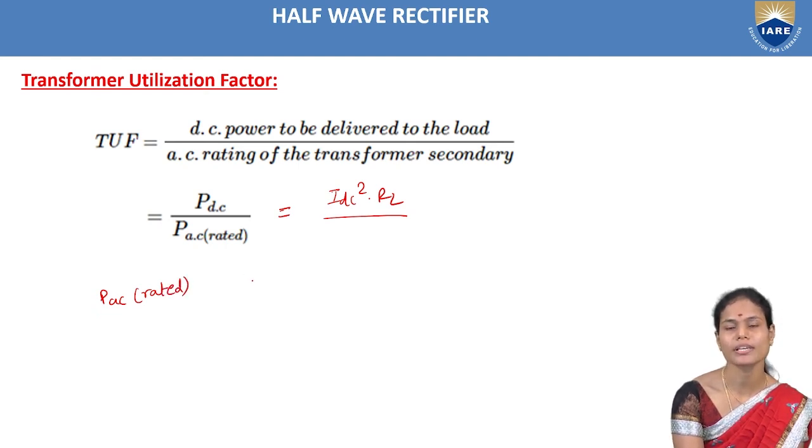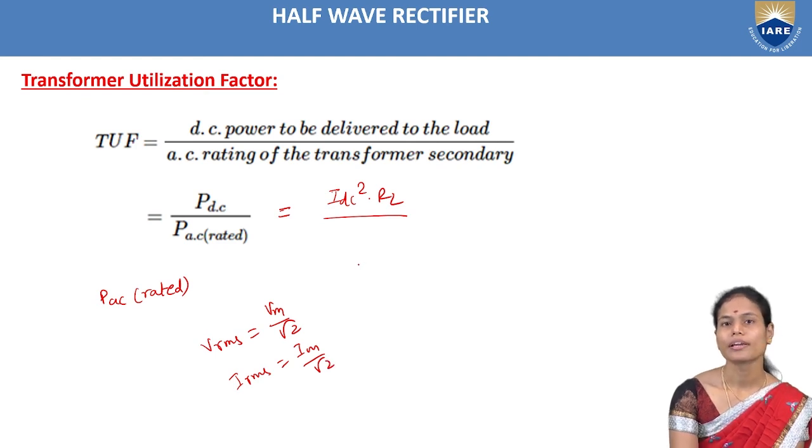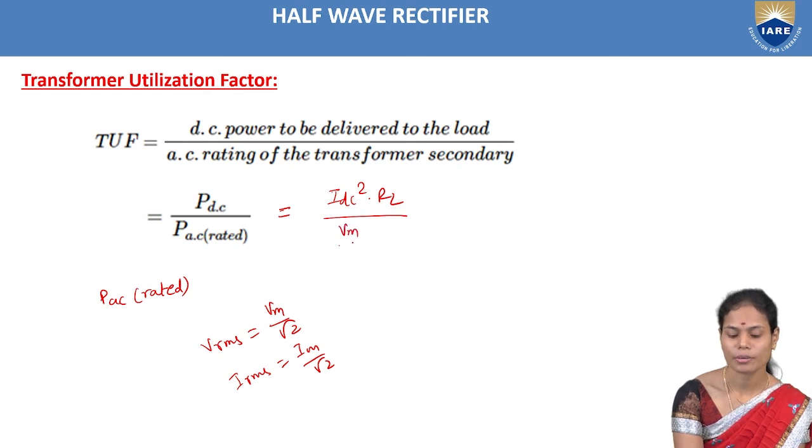To find this PAC rated value, we have to know the RMS voltage across the secondary of the transformer, that is Vm by root 2, and similarly the RMS current flowing through the secondary of the transformer, that is Im by 2. So the total rated AC power is the multiplication of this RMS voltage through the secondary into the RMS current in the secondary of the transformer.